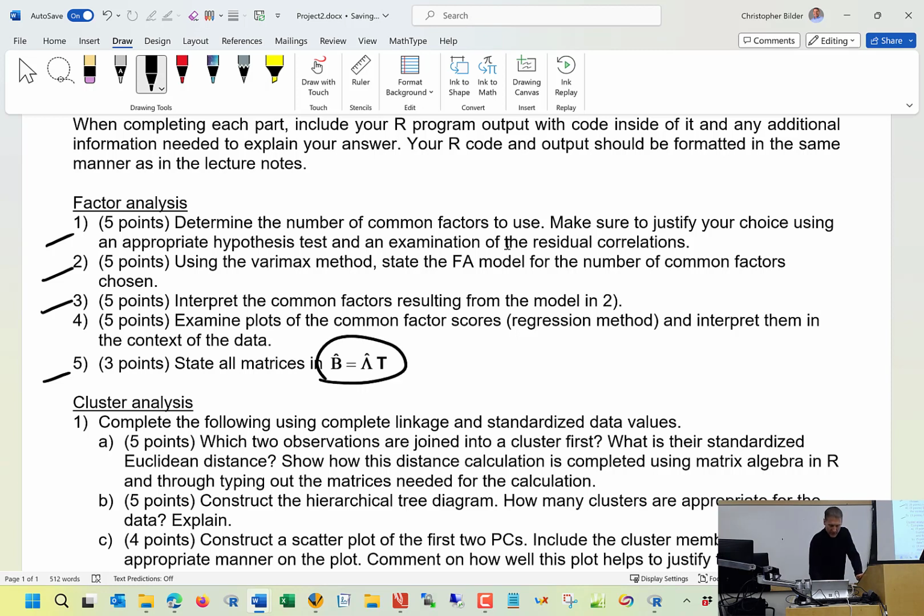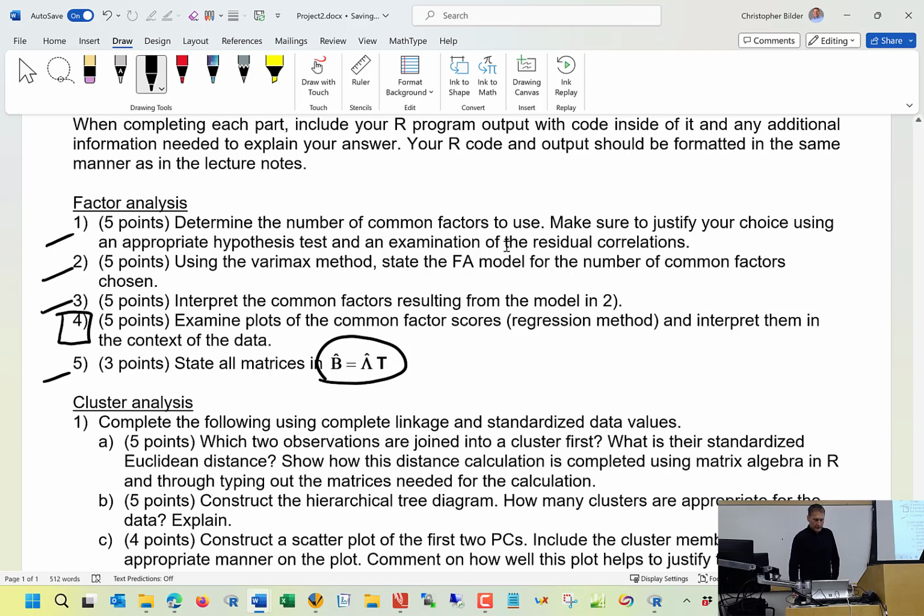This is what we did at the very end. State all the matrices corresponding to that rotation. This part right here is what we're going to do at the beginning of the next class. Similar to how we have principal component scores, we're going to have common factor scores. It won't be that difficult for us to find them. And that's what we will do.